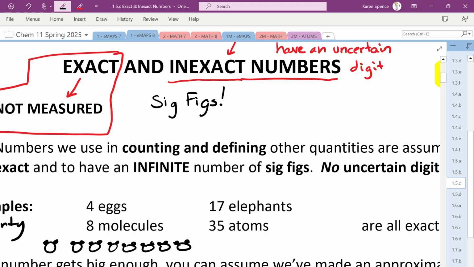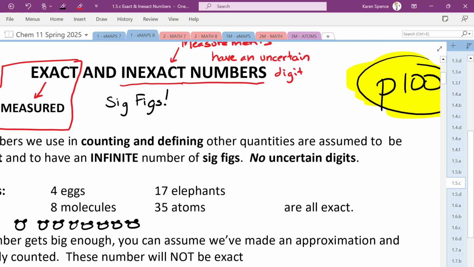Because, like, let's take the 4 eggs, for example. I could say that if I have 4 eggs, that would be the same as saying 4.0 eggs, yes? Which would be the same as saying 4.00 eggs, or 4.000000 eggs. Yes?